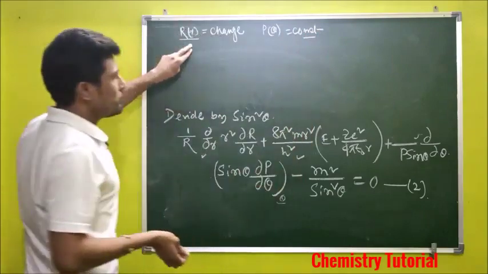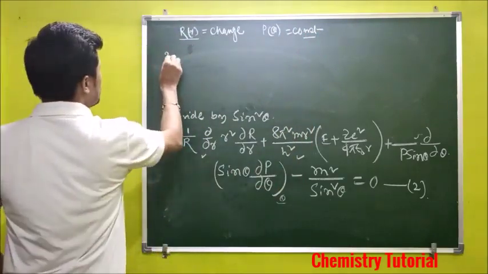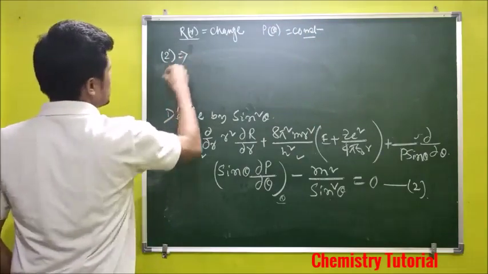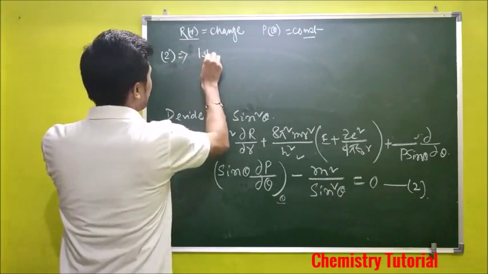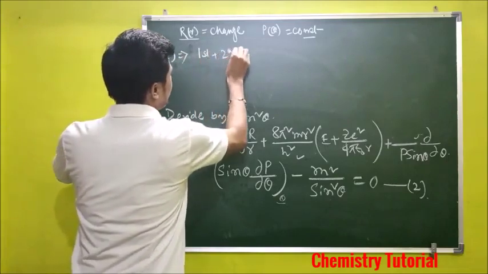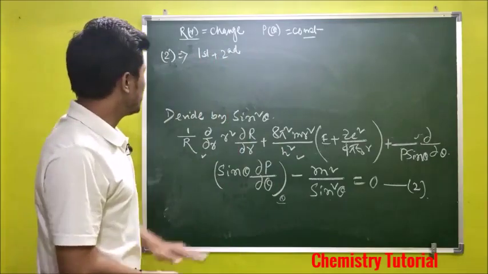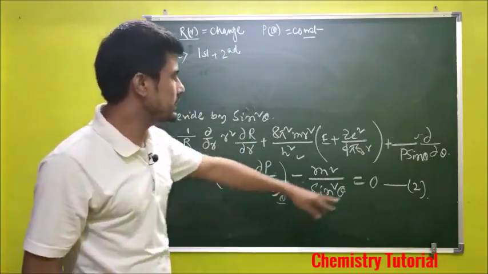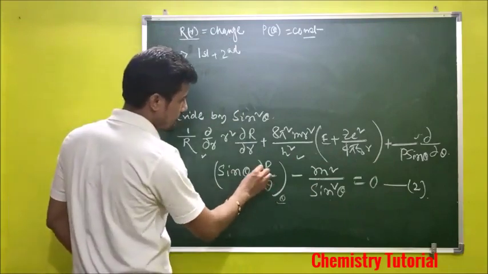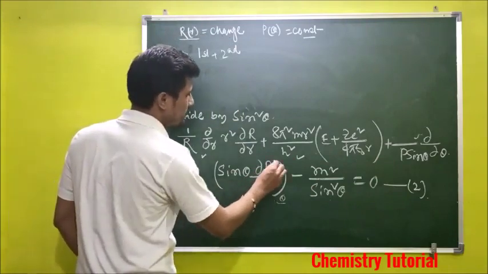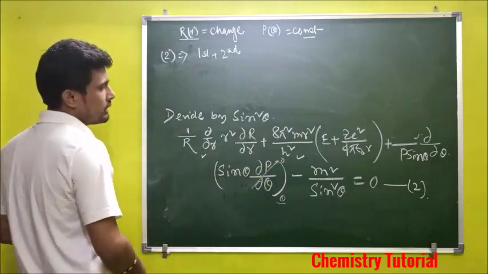So if we consider like that, then from these equations, the summation of the first part and the second part will remain the same, and this third part will become 0 because P is constant here. So dP by d phi here will be 0.